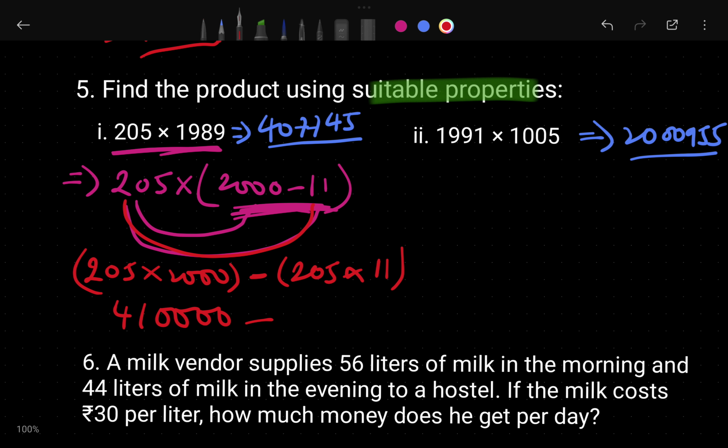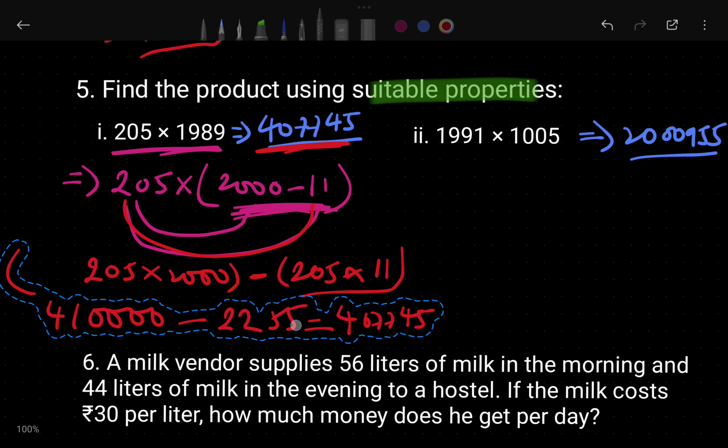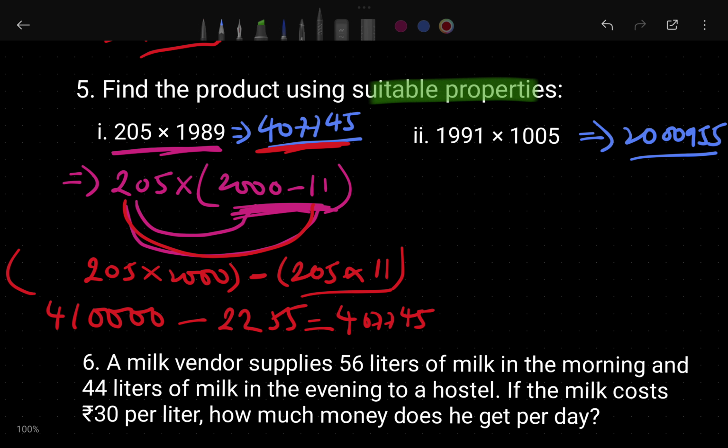Minus, if you multiply this one, your answer will be 2255. And you know what will be the final answer? If you subtract, your final answer will be 407745. Okay, so this is your final answer. Is it clear to you?